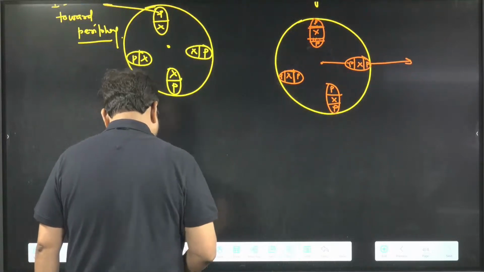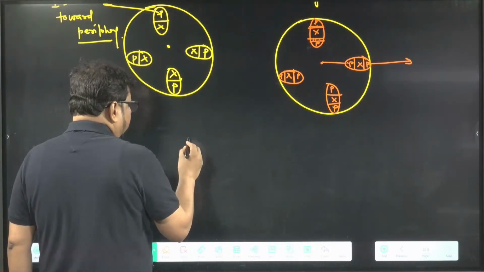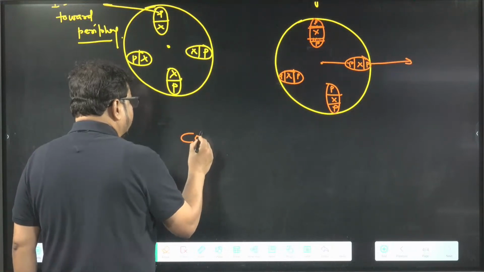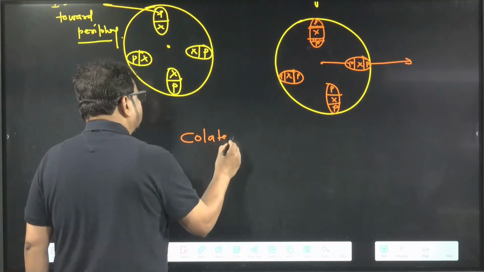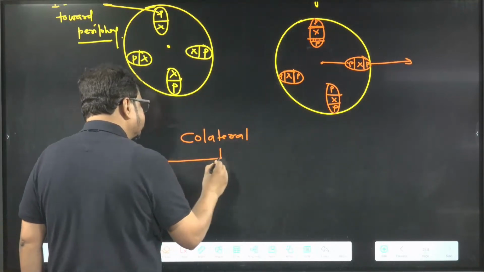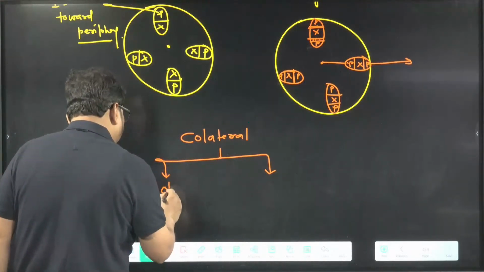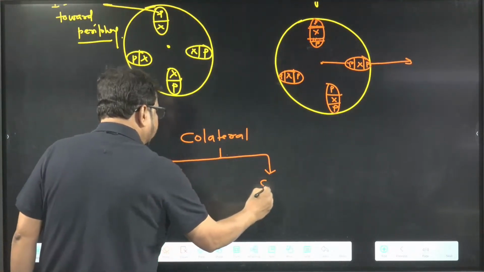Now I am writing vascular bundle. Suppose that I am talking about collateral vascular bundle. It is further of two types.